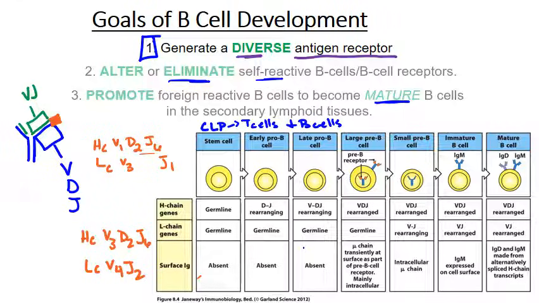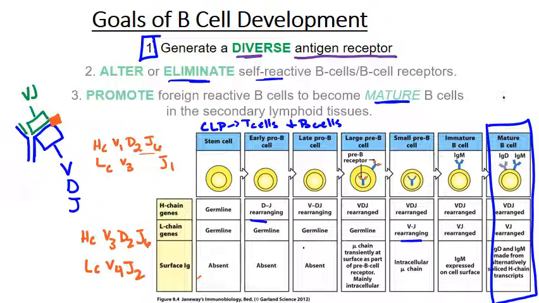So the common lymphoid progenitor begins in the bone marrow, and we're going to go through some steps that tell it what to become. But you can see that each of these steps has a different set of genes rearranging at a different time to get us to a mature B cell.